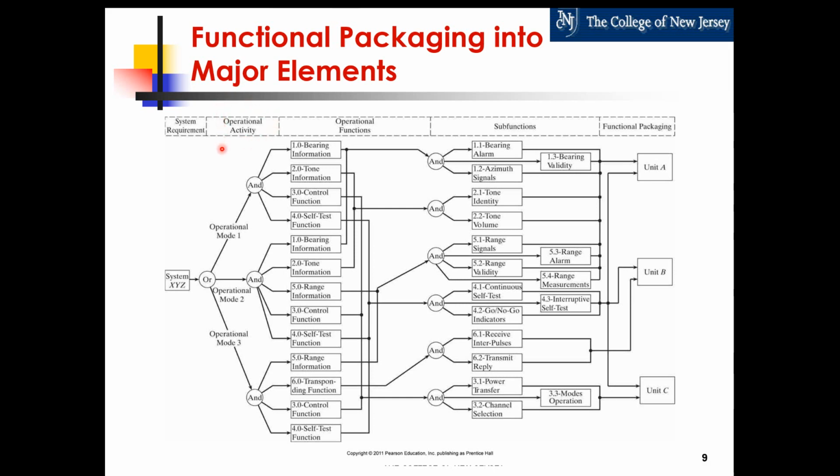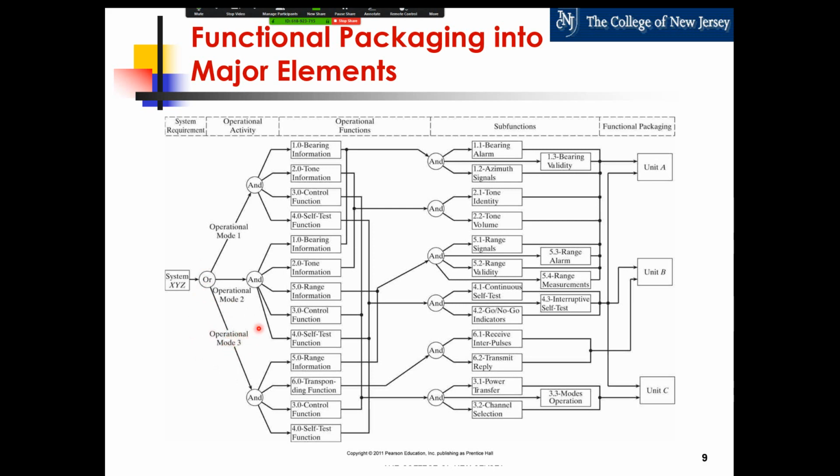So, for example, this system has 3 operational modes, and you use these AND or OR connectors to start aggregating the operational functions and functions of the design, so you can package them together as they make sense. So this system is going to have 3 operational modes, so it can be in operational mode 1 or in operational mode 2 or in operational mode 3.